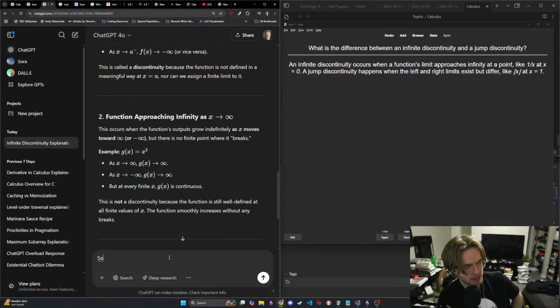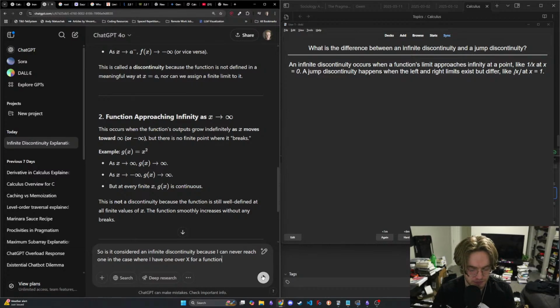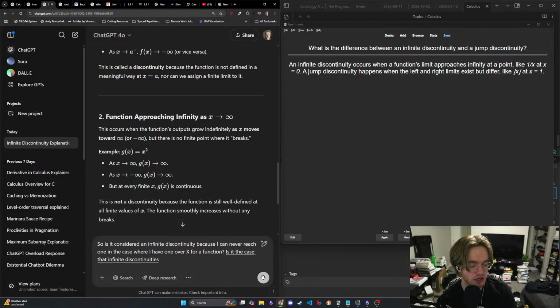So is it considered an infinite discontinuity because I can never reach 1 in the case where I have 1 over x for a function? Is it the case that infinite discontinuities occur in most functions where the variable exists in the denominator?